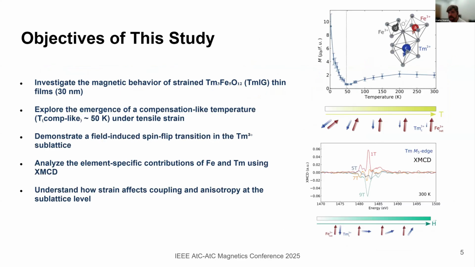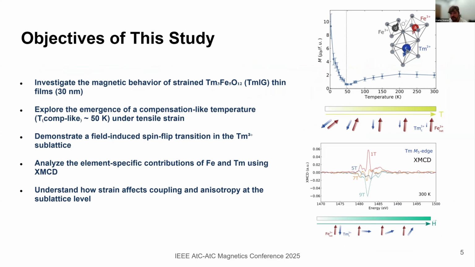So the objective of my study is to investigate the fundamental aspects of magnetic behavior in strained thulium iron garnet films with a thickness of 13 nanometers. We explore the emergence of the compensation-like temperature. We observe the compensation-like temperature close to 50 Kelvin.